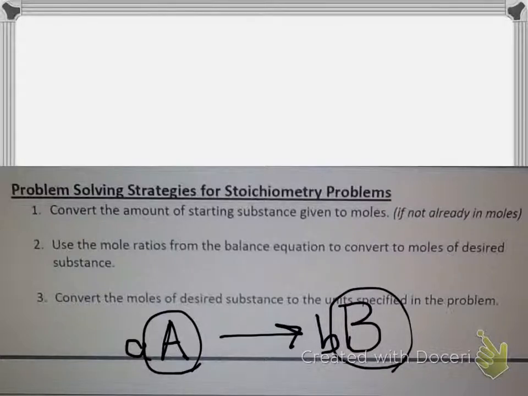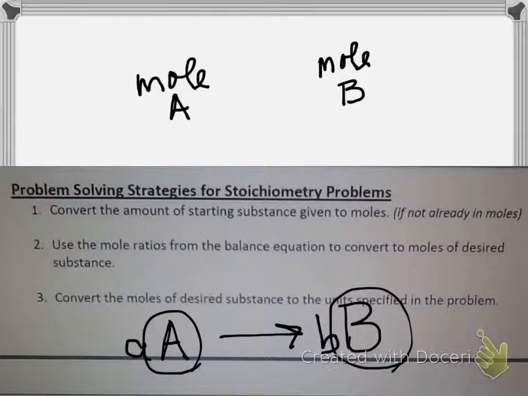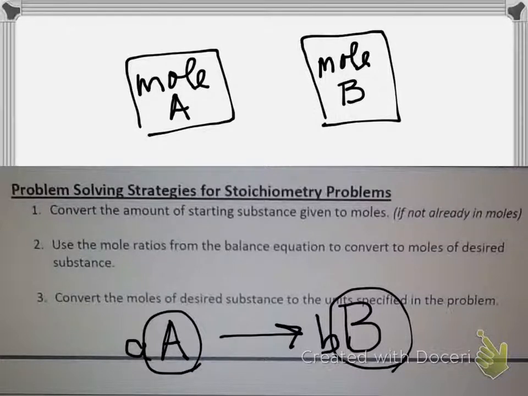Let's say we're given a quantity of A. If we're given a quantity of A in moles, so where we know we have moles of A, let's say we want to calculate how many moles of B we would like to produce. If I'm given quantity of A in moles, and I want to calculate quantity of B in moles, then the ratio that I'm going to use, or the conversion factor, is the units between those two.